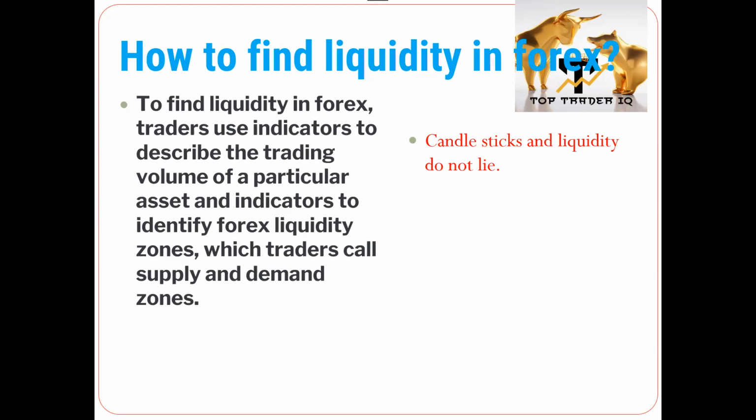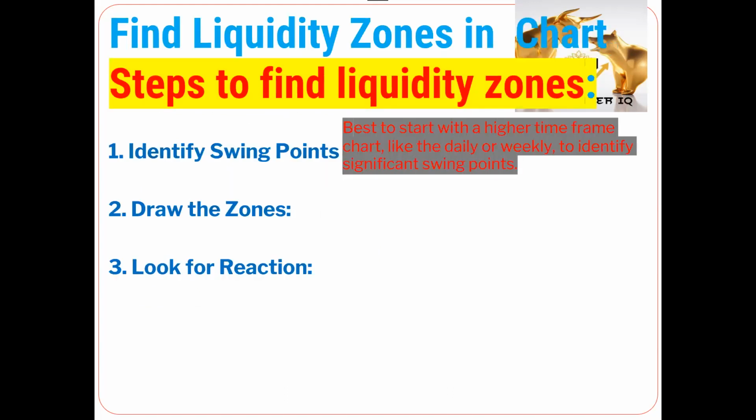The important thing is that candlesticks and the liquidity area will never lie. You have to wait for the candle reaction as well as the liquidity area. Those two are highly important for finding liquidity.